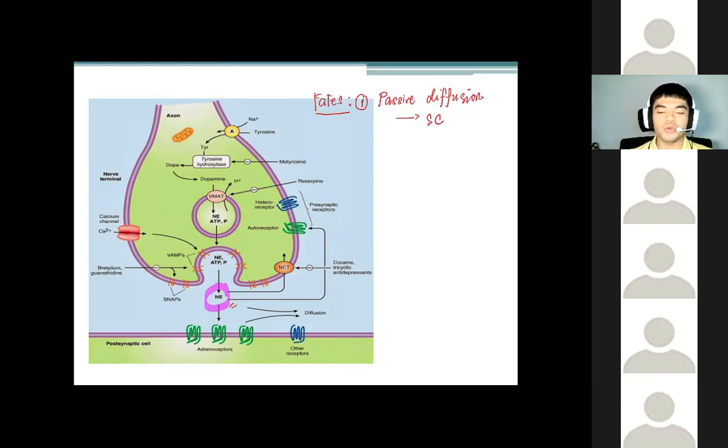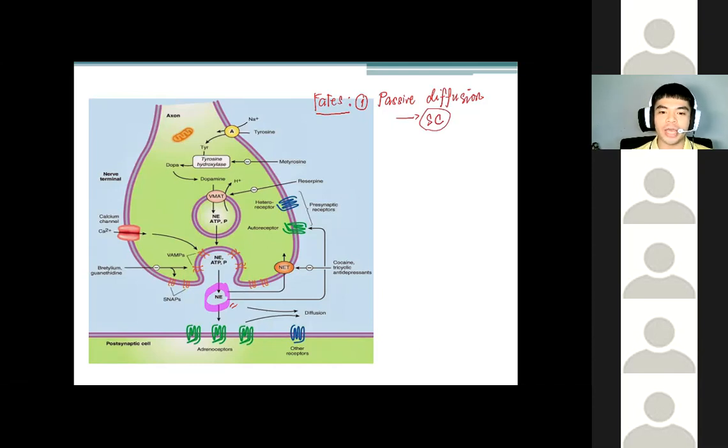So with this number one fate, I have some questions. If nagkaroon ng passive diffusion at napunta sa blood circulation natin ang norepinephrine, question, mataas o mababa ang norepinephrine na natira sa ating cleft, high or low? Low, very good.